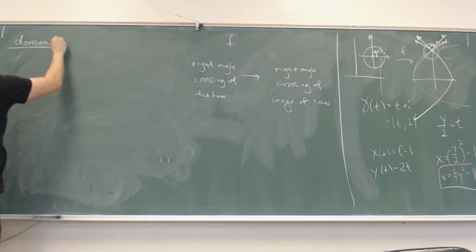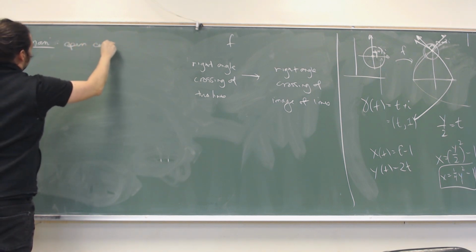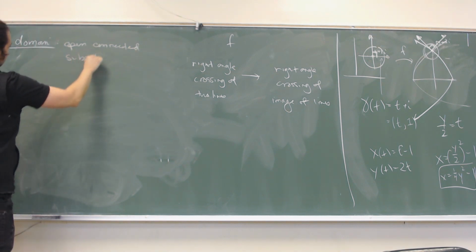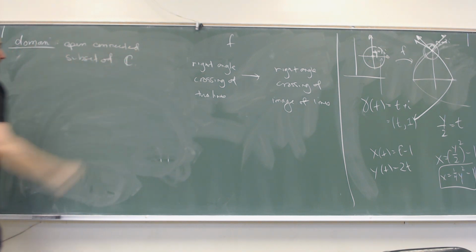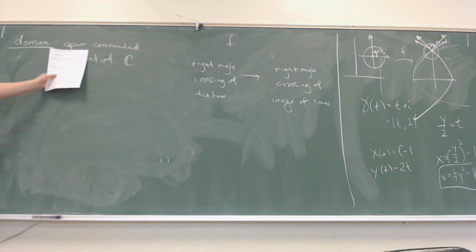A domain is an open, connected subset of the complex plane. And really secretly, if you've seen any topology, it means that you can get from any point in the set to any other point in the set with a curve. Connected is not generally equal to path connected, but an open connected set is path connected.